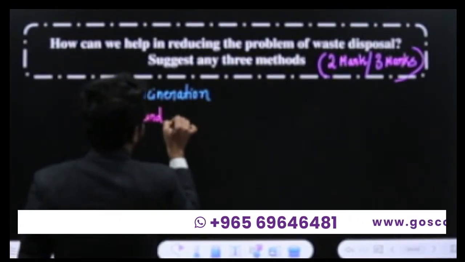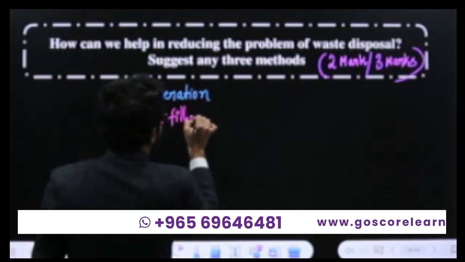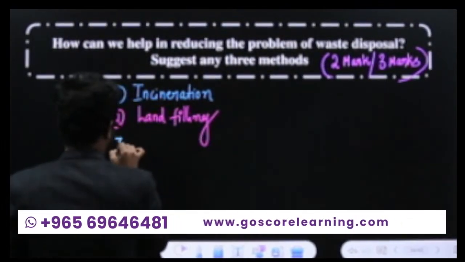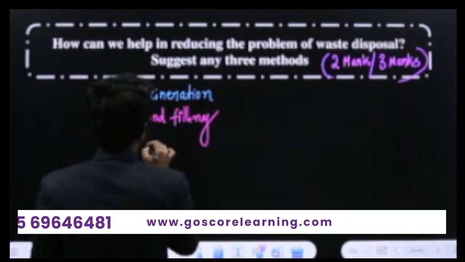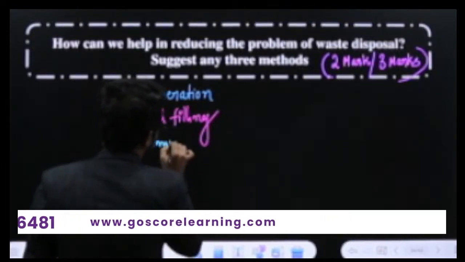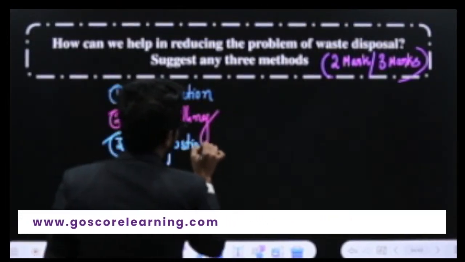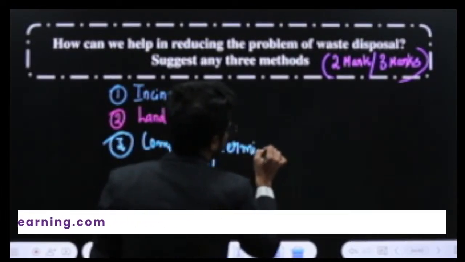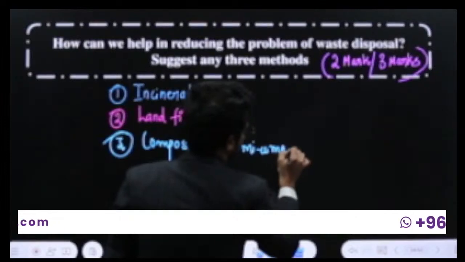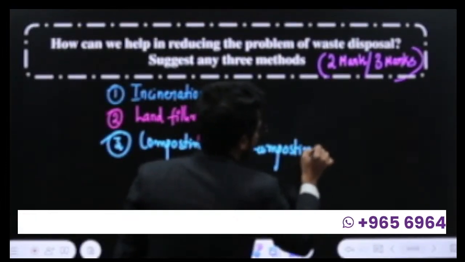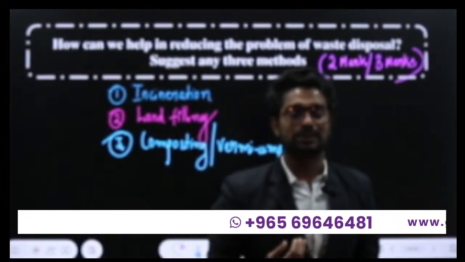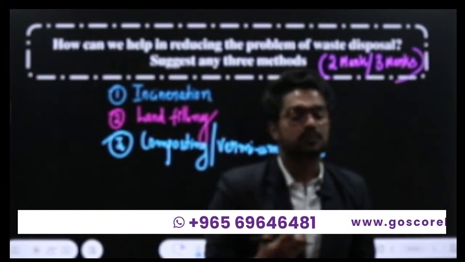The third method is composting, otherwise also called vermicomposting. There are different methods, but I am only discussing 3 methods. These are the major methods we can implement for waste disposal.